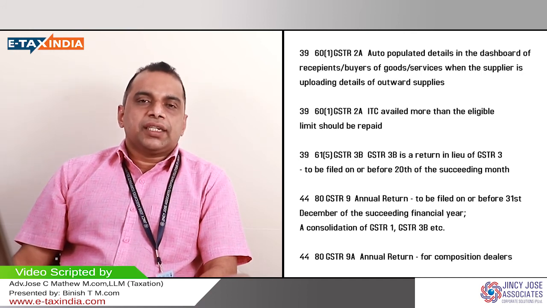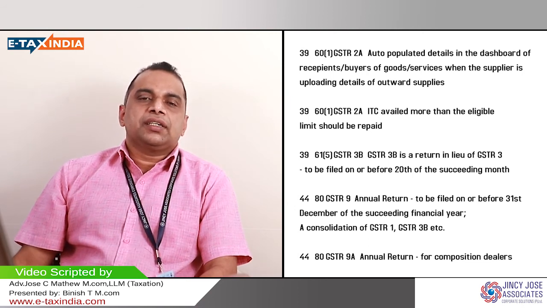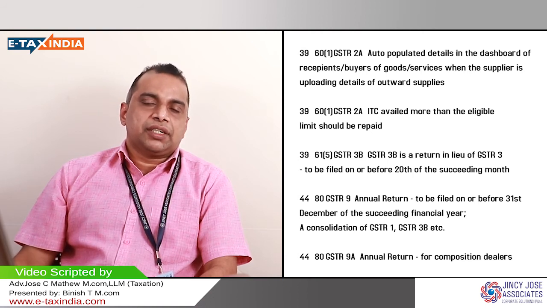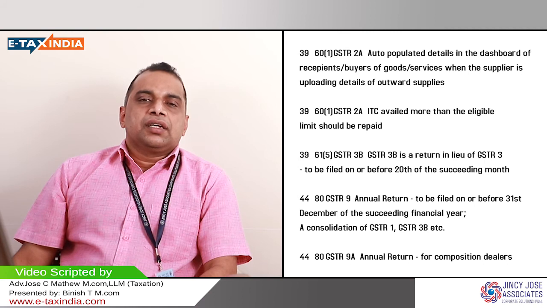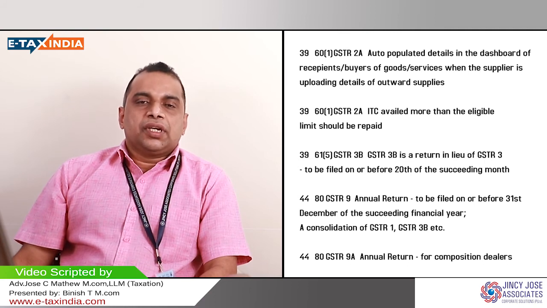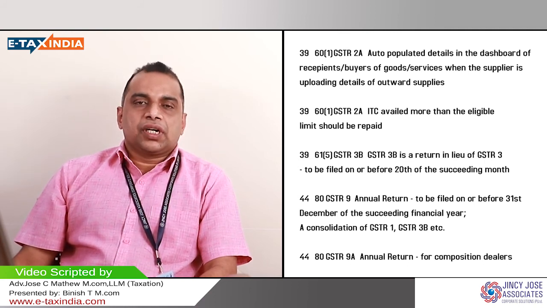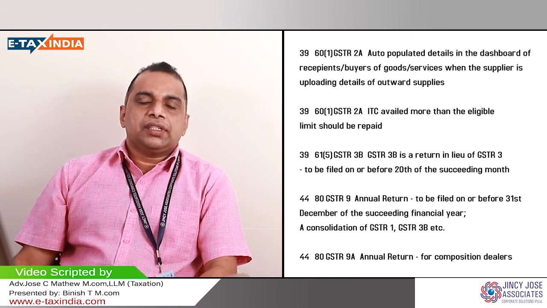That means if their aggregate turnover exceeds rupees 2 crores per annum, they have to submit a reconciliation statement duly certified by a practicing chartered accountant or cost accountant. They have to certify it and then only they can submit it to the GST department.